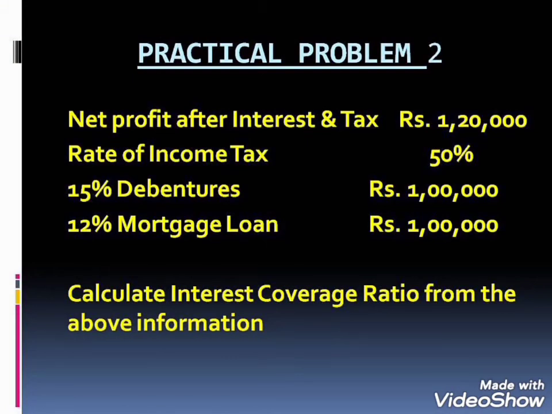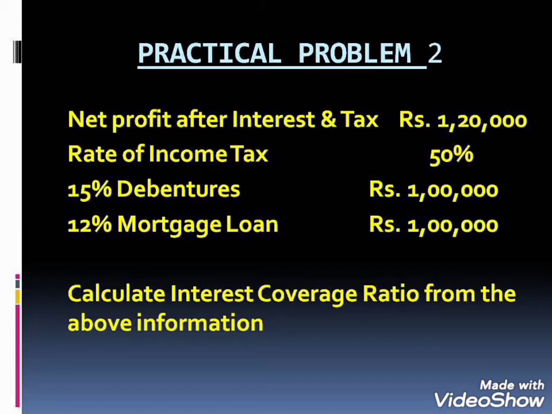Now, in practical problem 2, we have to calculate interest coverage ratio from the information given. In the given information, we have net profit after interest and tax, rate of income tax, 15% debentures and 12% mortgage loan.